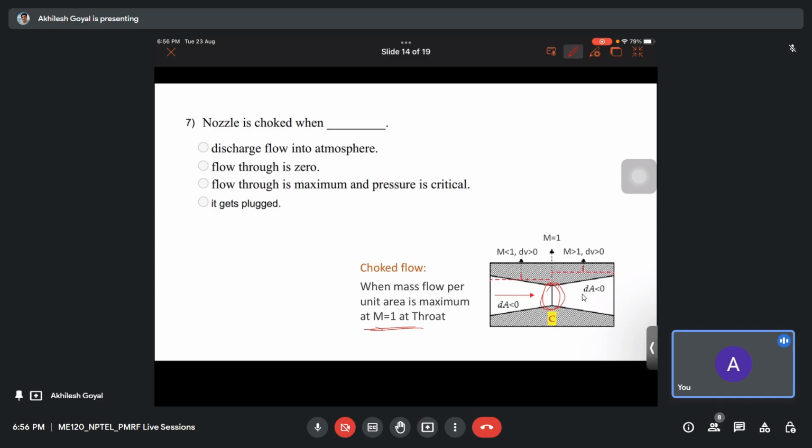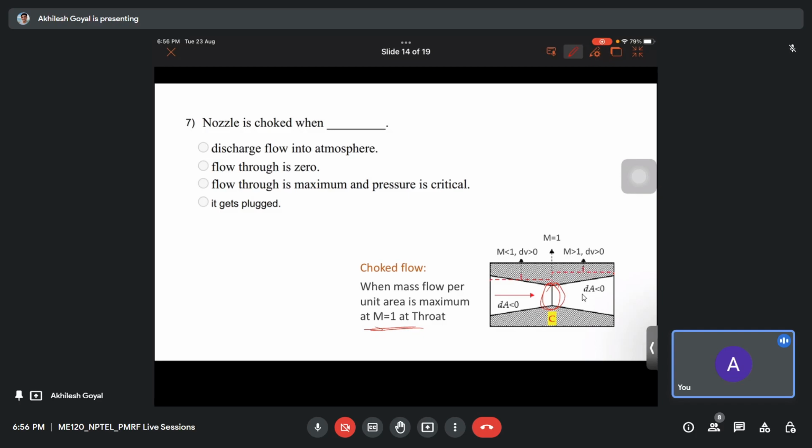At that point all the properties are called critical properties. So pressure at that point is also called critical pressure and temperature as critical temperature.